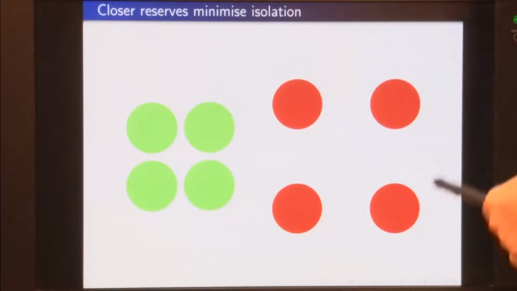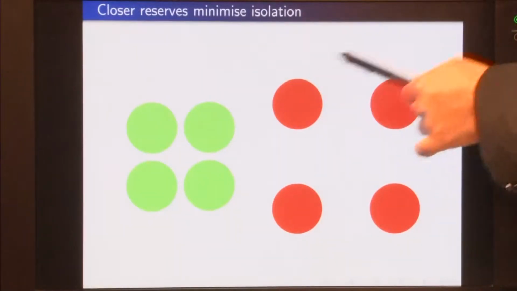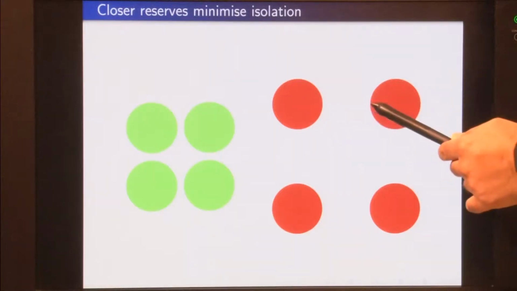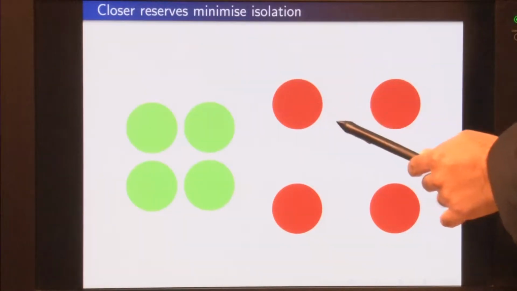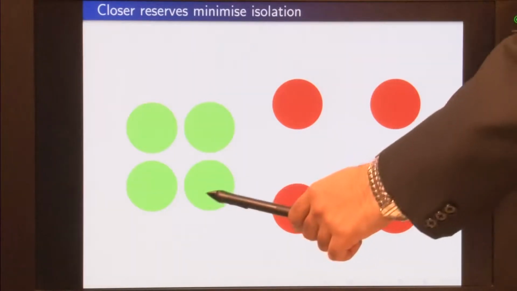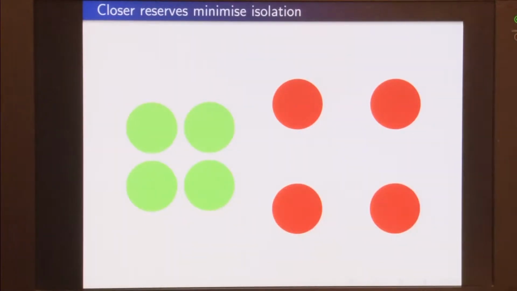However, because these reserves are very far from each other, if any animal has to move from this circle to this circle, it would have to negotiate a large area that has human dominated influences. So, basically the reserves on the left are much better because they are less isolated from each other.